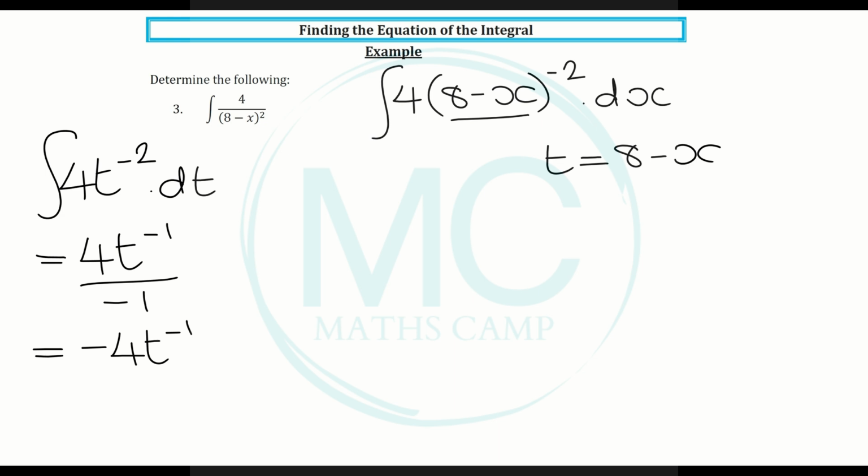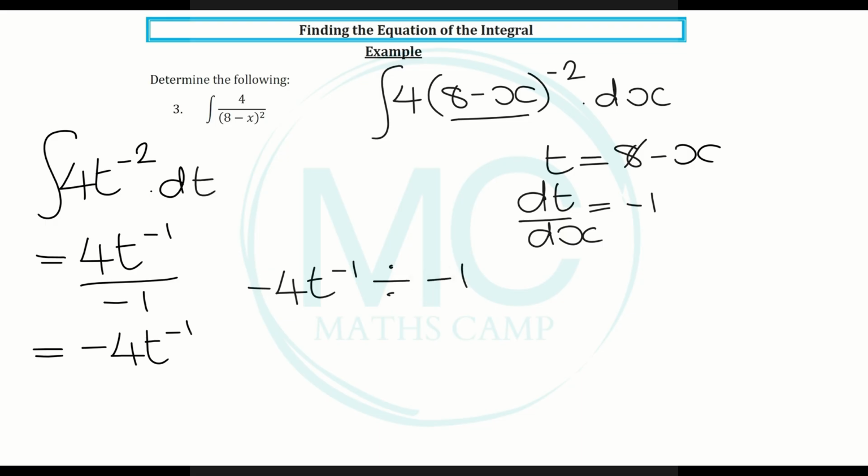Now I can differentiate t. I get dt over dx is equal to, the constant will fall away, and my x term becomes my new constant, which in this case is negative 1. Now my equation will become negative 4t with an exponent of negative 1 divided by negative 1.